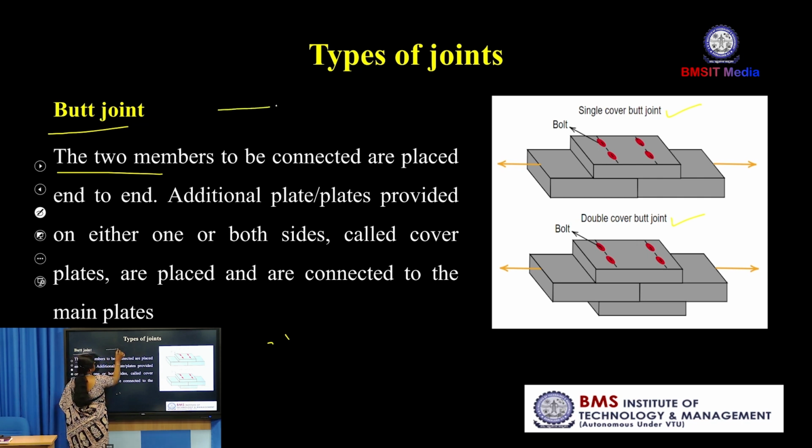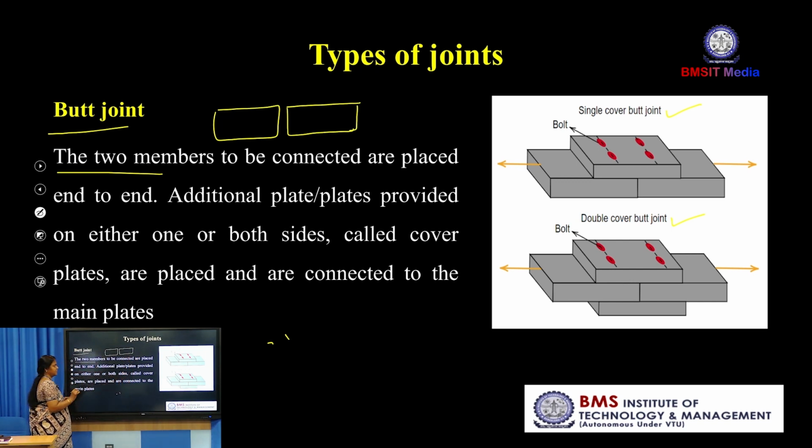This is one main member and this is another main member, placed one to one. This is to be connected by some cover plate. If we provide one cover plate on the top of these two plates, it is called a single cover butt joint. If we provide another plate at the bottom, this type of joint is called a double cover butt joint.